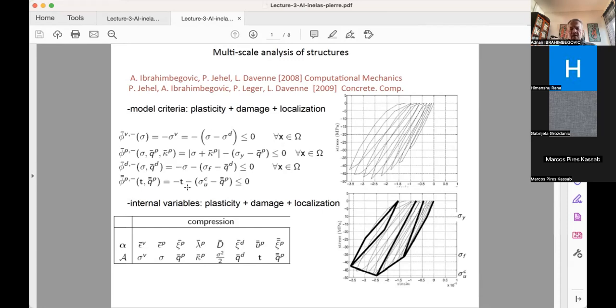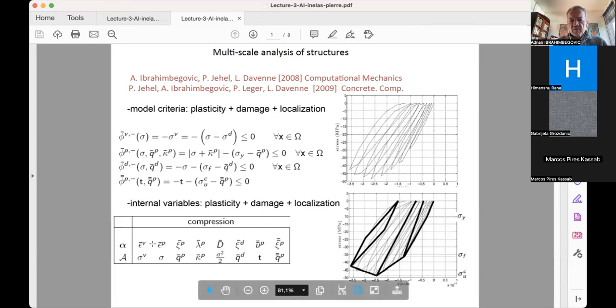So these different criteria allow us to have a definition of many of these internal variables. If you want to take into account such a very complex behavior in cyclic loading, you have to line up viscous deformation, plastic deformation, plastic hardening variable. This was, I think, lambda p, I forgot now what it was. It was, I think, for kinematic hardening.